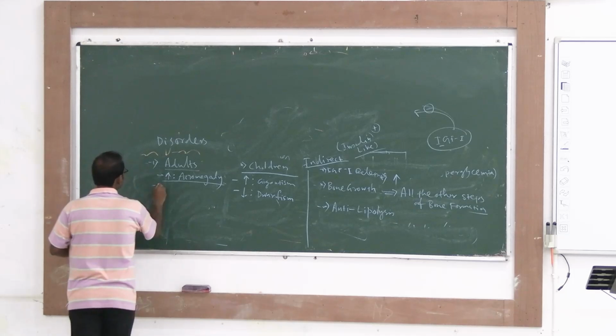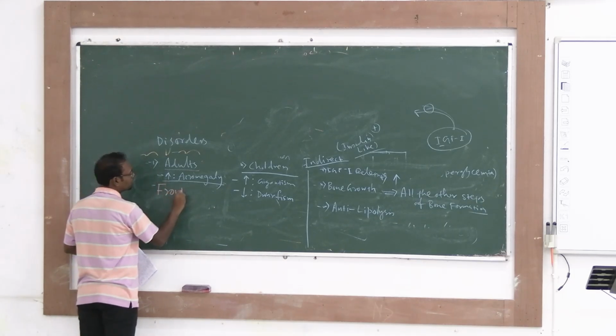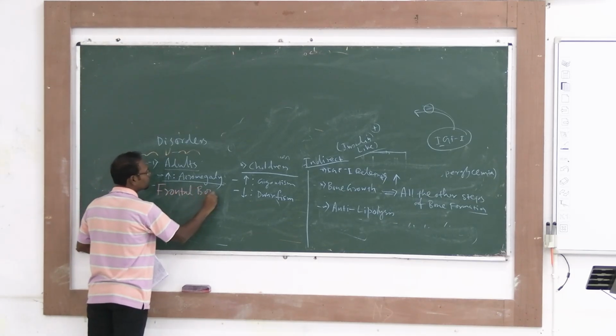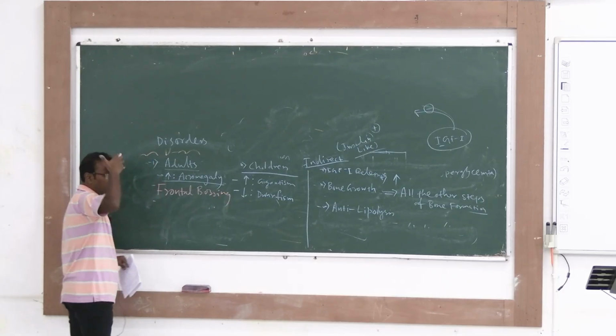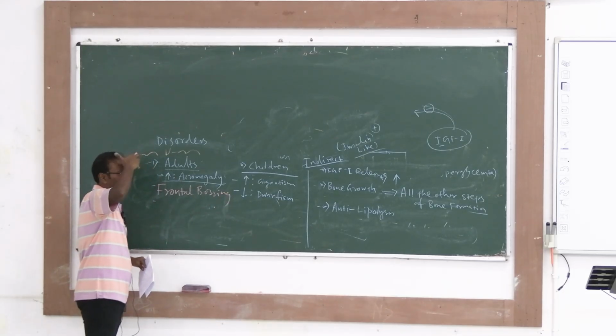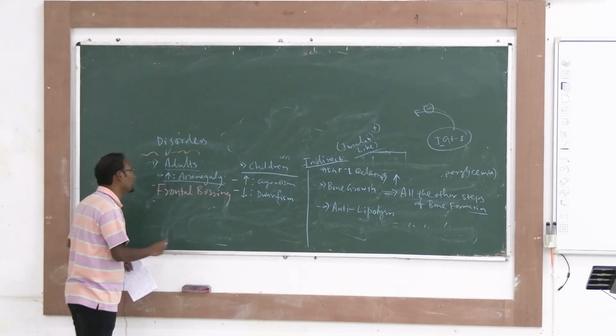Write frontal bossing. Okay, this front part of the head, the frontal bone, that will be proliferated, frontal bossing.